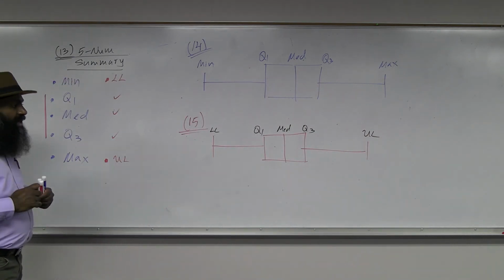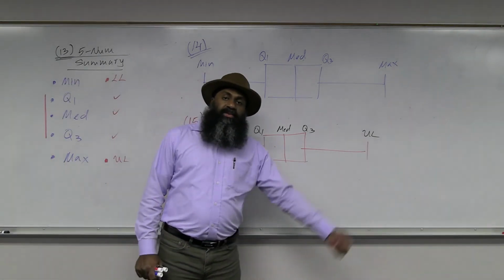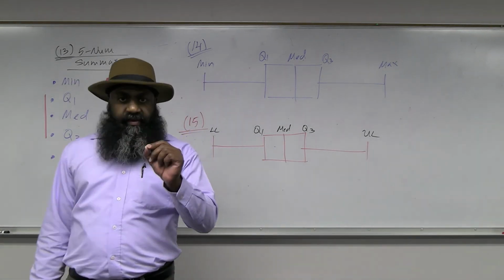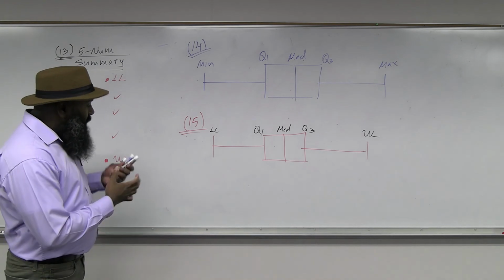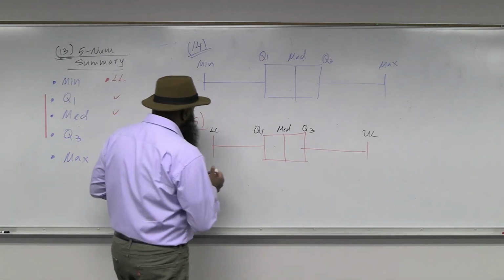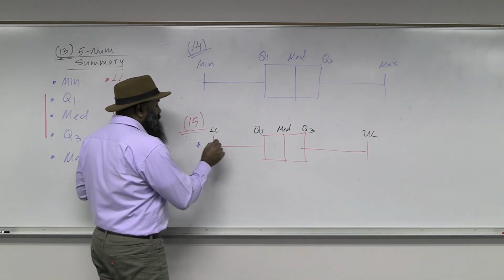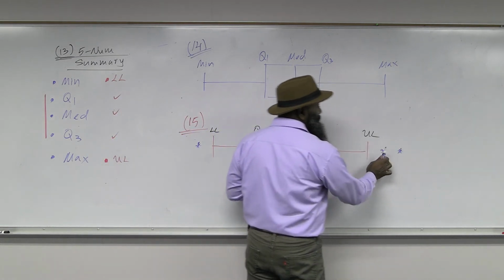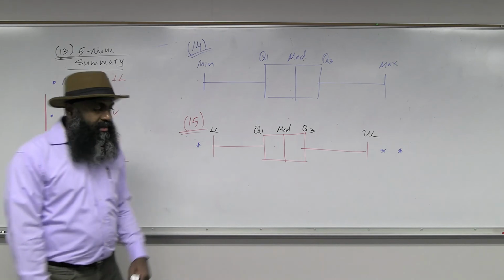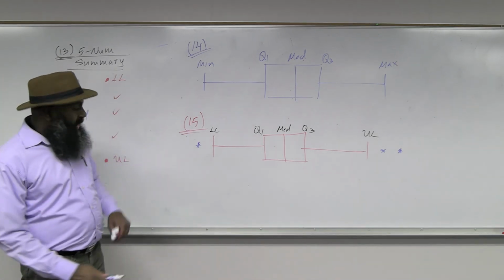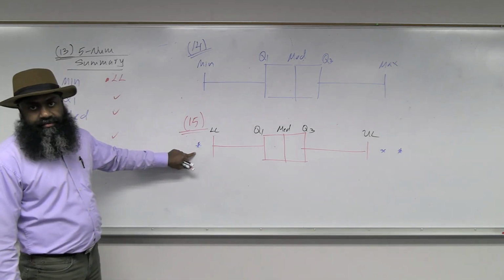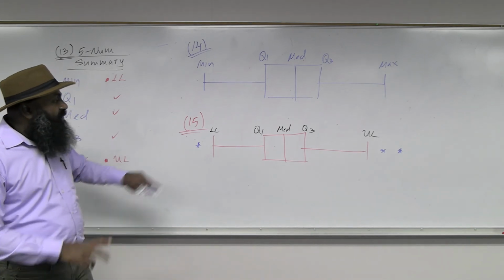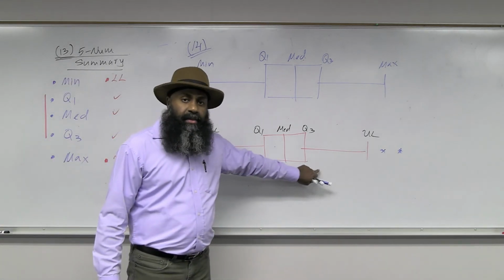Now, one special characteristic of this box whisker plot is if you have any outliers, they are also shown outside of the lower limit and the upper limit. Let's say I have 2 high outliers. They are shown like this, little stars. And if I have 1 low outlier, it will be shown like that. So this is the second box whisker plot, and this is what you will get from MS Excel.